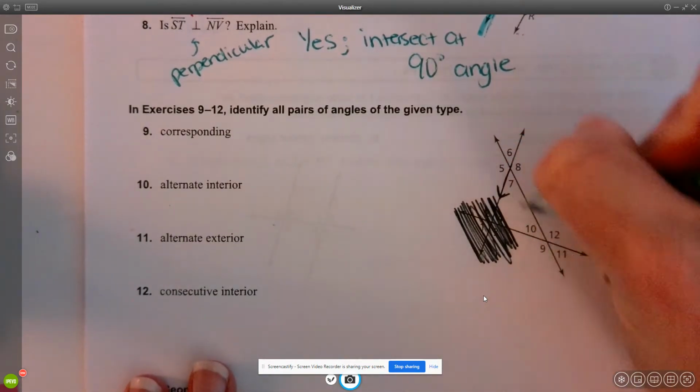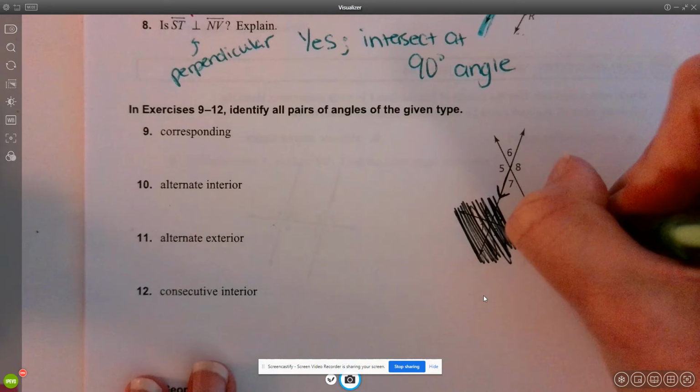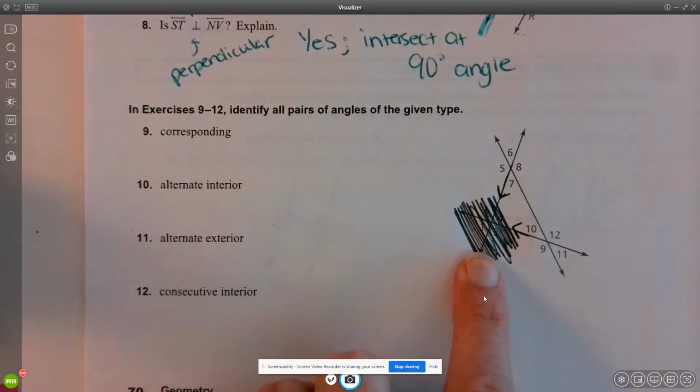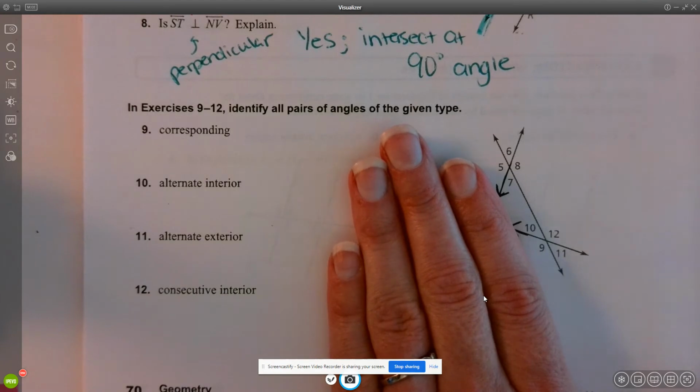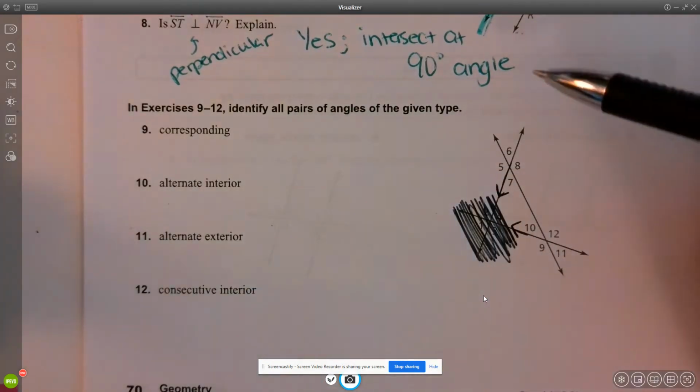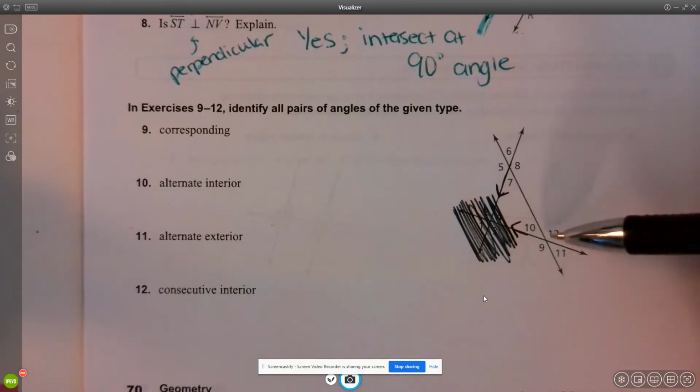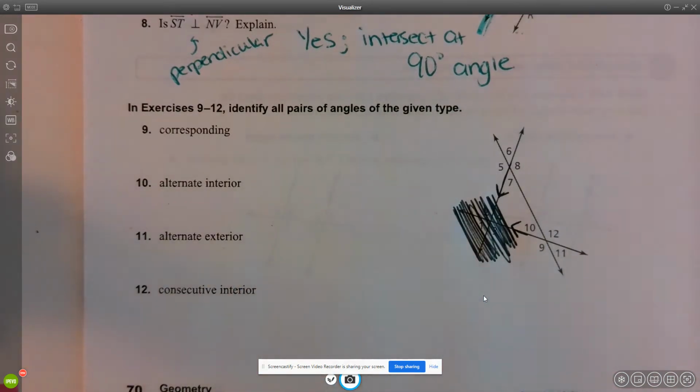So these lines, of course, they go on forever. But we're just going to pretend like we're not paying attention to that part of the picture. We're just going to be interested in these two groups of angles when we go to identify our angle pairs. That will make it a little less complicated for us to start.